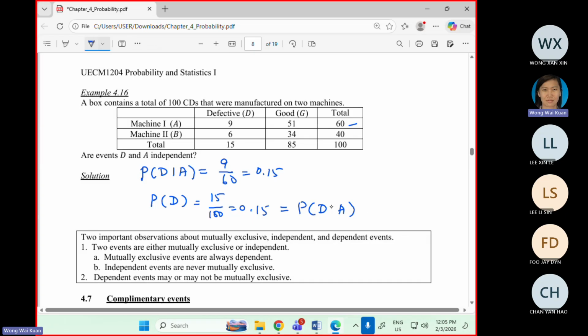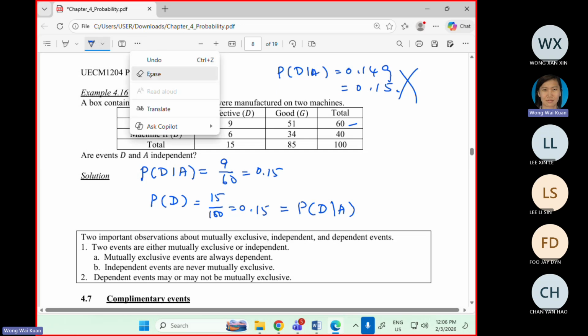Then another very common mistake is that they are actually not the same. Probability of D given A is actually 0.149. If we put this as 0.15, they look the same. So sorry, don't simply round up. Okay?